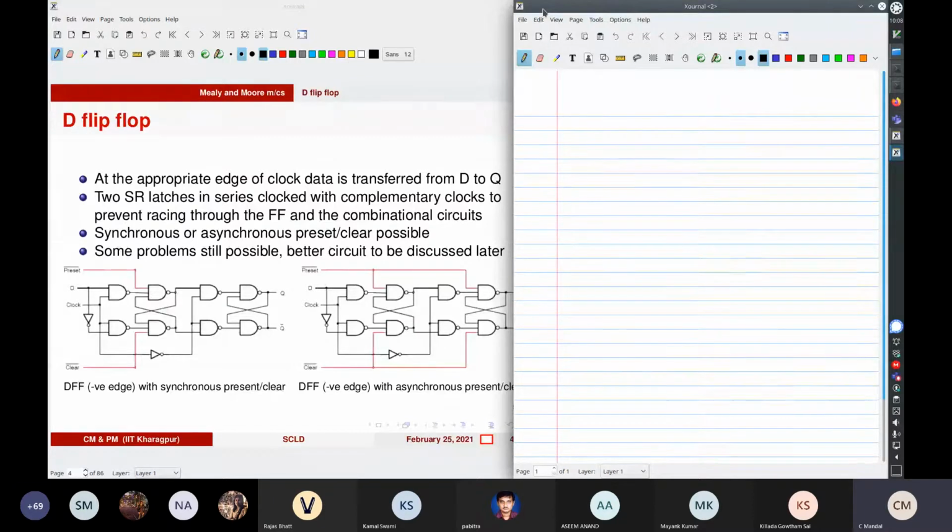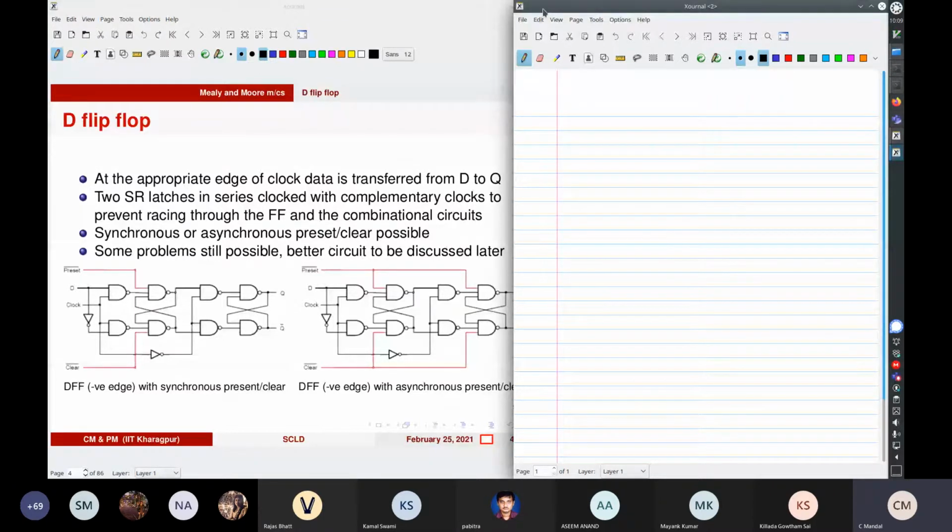For Moore machines, the output depends only on the present state. It doesn't depend on the input.